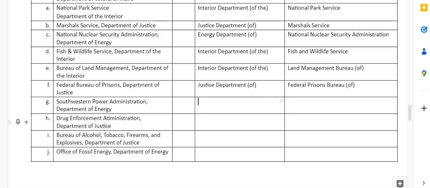For letter G, we have Southwestern Power Administration as part of the Department of Energy. So Energy is the most important part of the department name. "Of" is going to be in parentheses. And then Southwestern Power Administration.